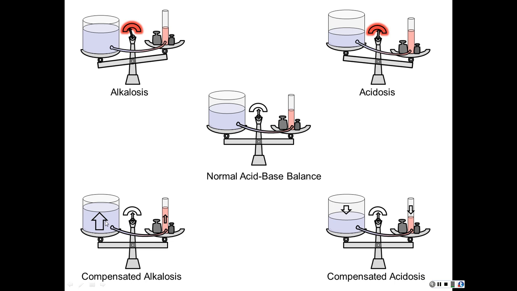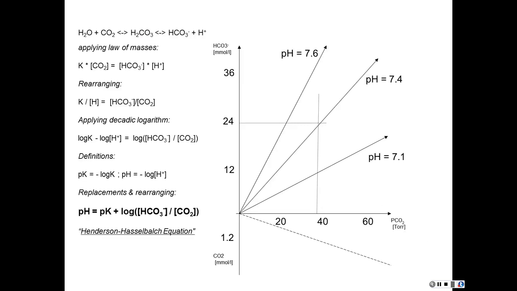All right, so if you're retaining too much CO2, you can compensate. If you have too much bicarb from a metabolic alkalosis, you can also compensate respiratorily by holding on to more CO2 or not blowing off as much CO2.